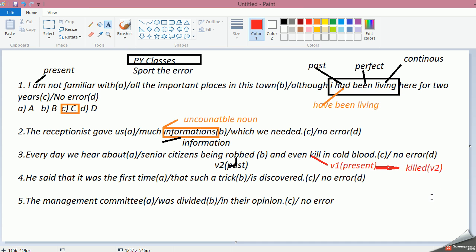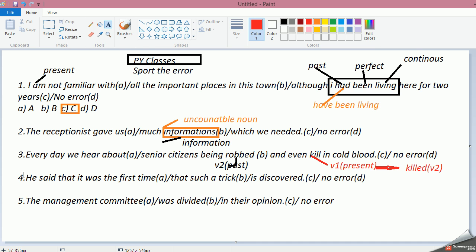So this is correct now. Every day we hear about senior citizens being robbed and even killed in cold blood. This is the correct form now.